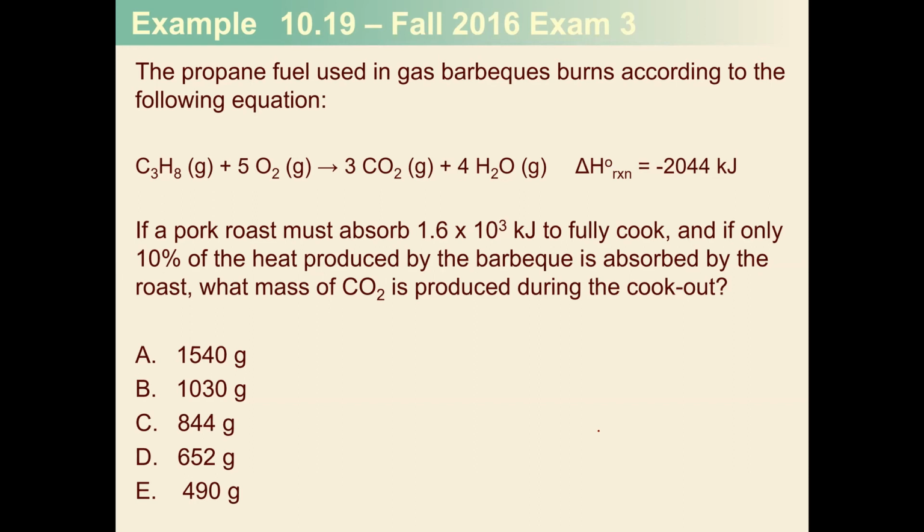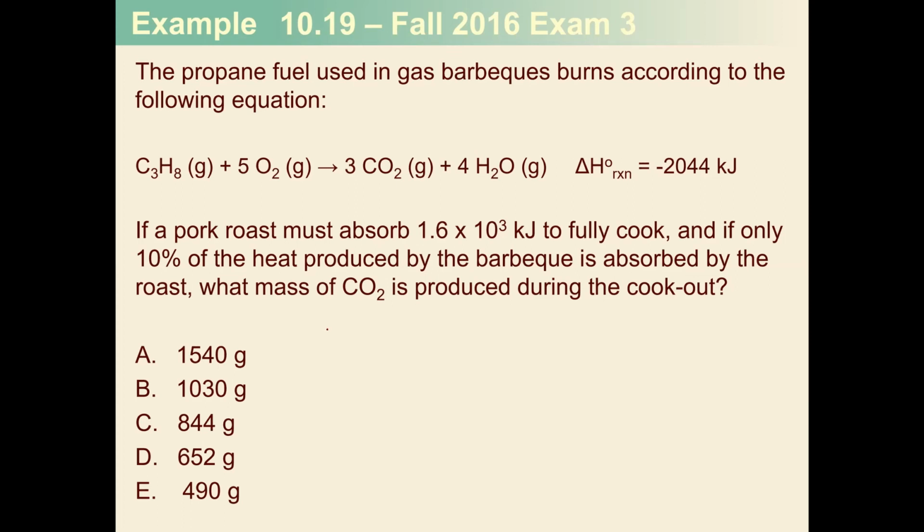So this is going to be a multi-step problem trying to figure out just how much energy we used, how much energy was actually produced by the grill, and to produce that amount of energy, how much carbon dioxide was produced during that.